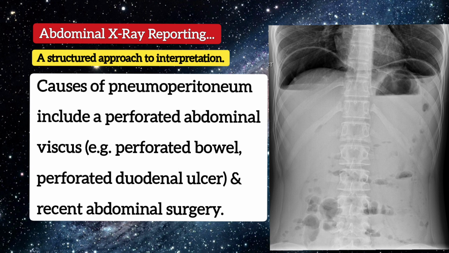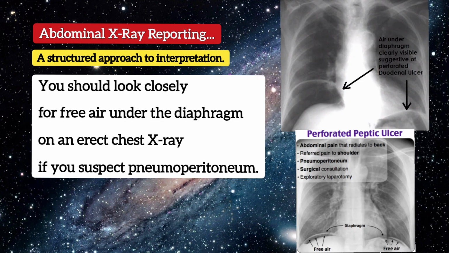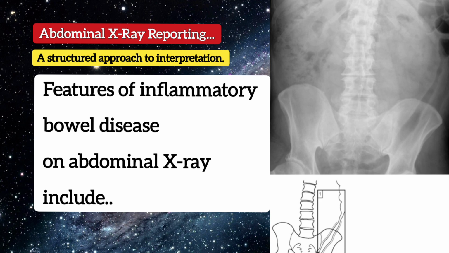Causes of pneumoperitoneum include a perforated abdominal viscus, for example perforated bowel or perforated duodenal ulcer, and recent abdominal surgery. You should look closely for free air under the diaphragm on an erect chest X-ray if you suspect pneumoperitoneum.